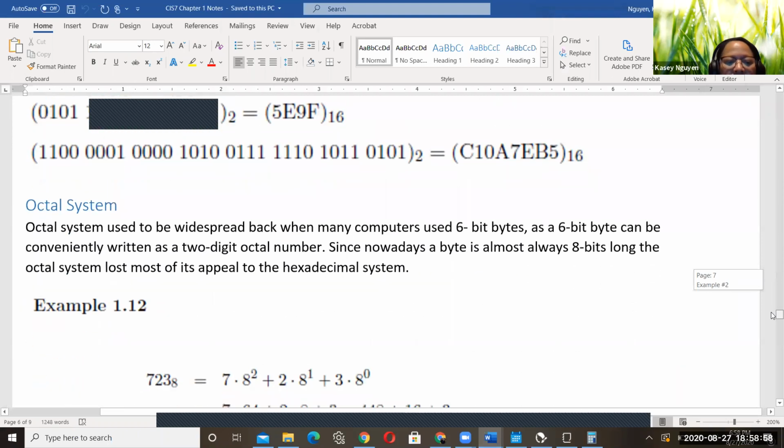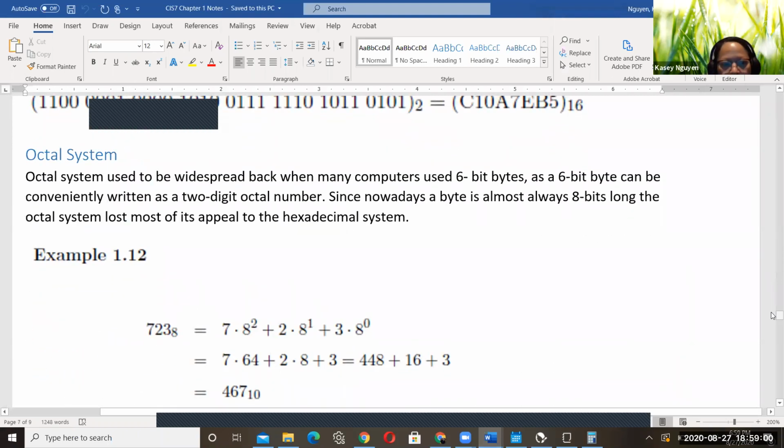Let's talk about the octal system. So similar to hexadecimal, but on a smaller scale.